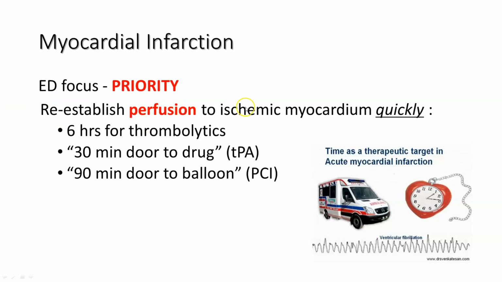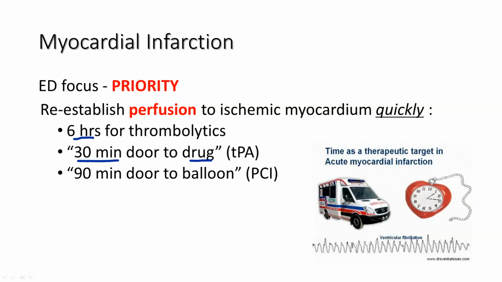We want to restore perfusion as quickly as possible, but we do still have time rules, just like we had for stroke. So it has to be 6 hours from a witnessed MI for the inclusion of thrombolytics. And then from the time that they get in our door to the time that they get that thrombolytic, it has to be 30 minutes.